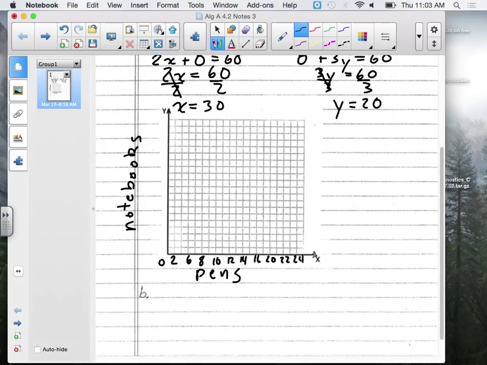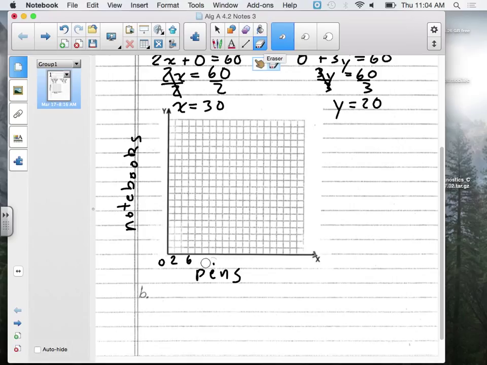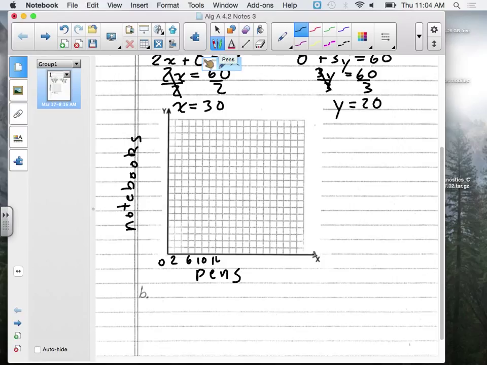Alright, so if we go by 2s, each line is worth 2. Oh, I completely screwed that up, didn't I? If you're going to skip lines, you have to still count that, don't you? 10, 14, 6, so 30.